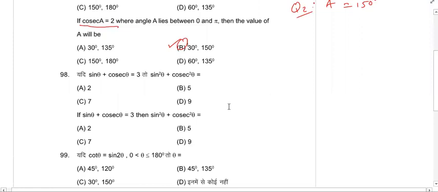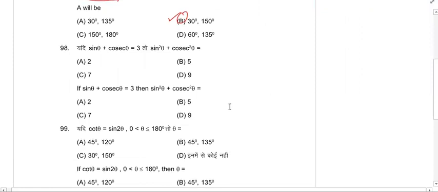Question number 98. Sine theta plus cosec theta is equal to 3, then sine squared plus cosec squared is equal to? Right, so simple question, guys. We can just square both sides. Sine theta plus cosec theta is equal to 3, squaring both sides: 9.